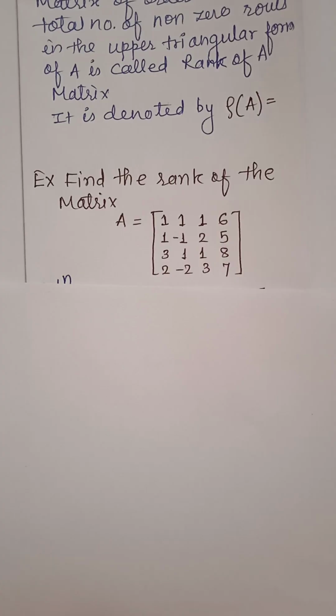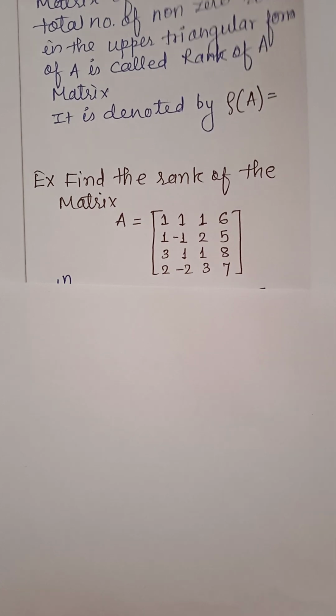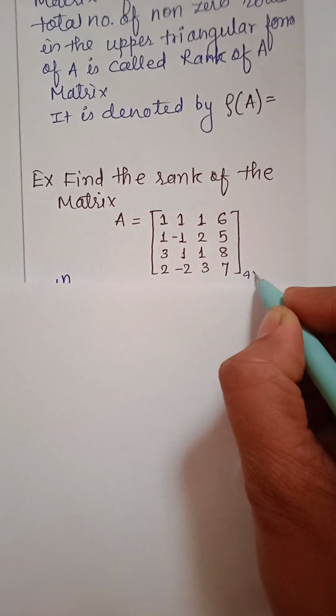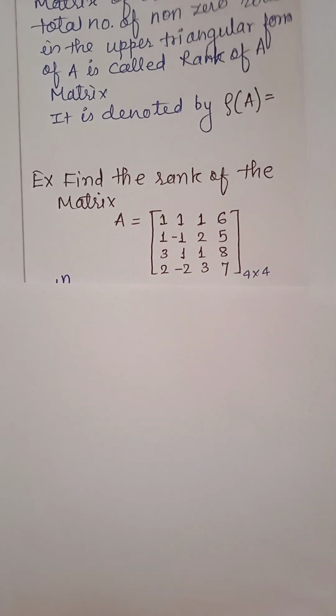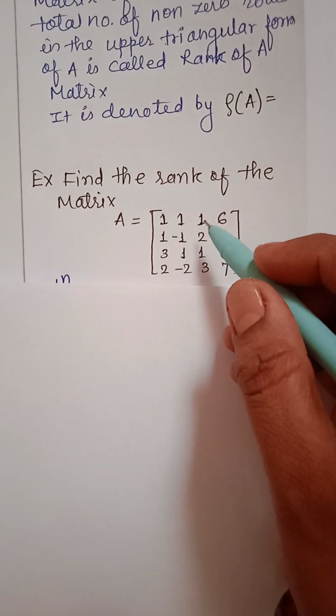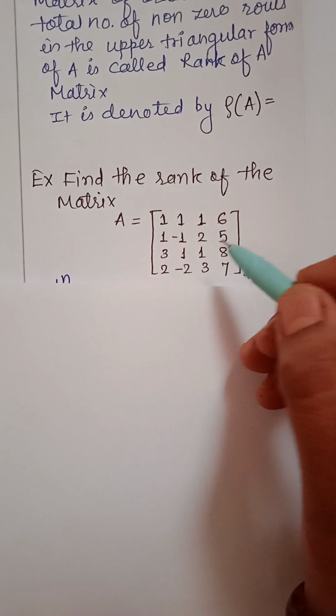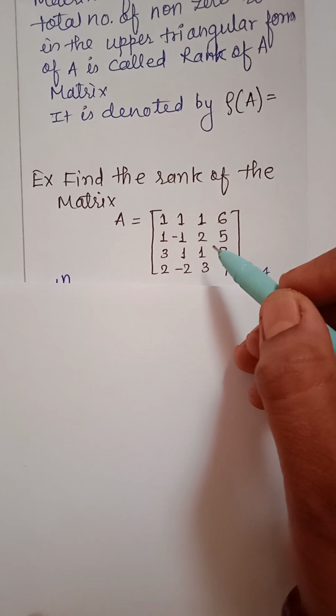Now this is an example where the matrix is given and you have to find the rank of the matrix. Okay, so A is the given matrix and this is 4 cross 4, 4 rows and 4 columns. Now you have to find the rank of this matrix. So first of all you have to reduce this matrix to upper triangular form.